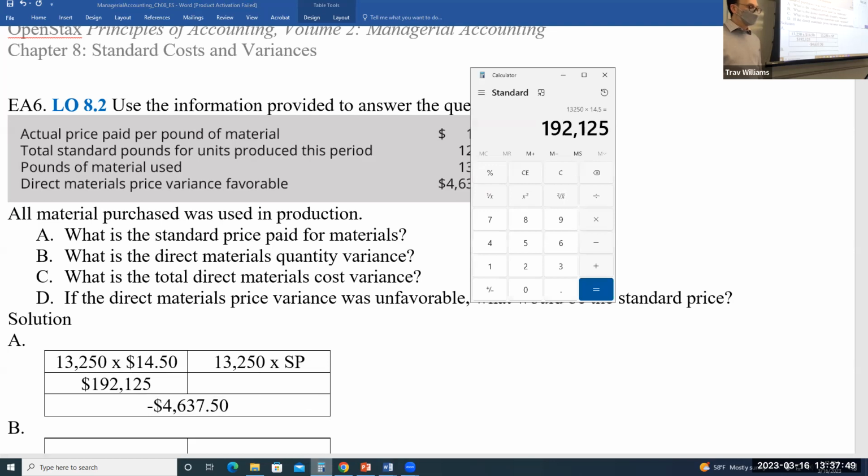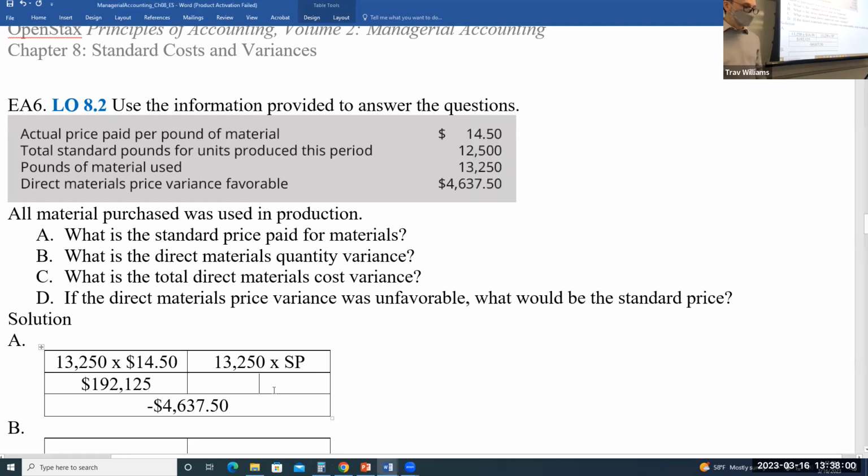What are we going to have to do here? Add it, exactly. So 196,762.50. And now our last step, how can we figure out our standard price here?